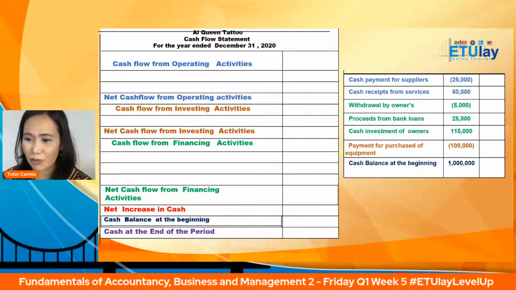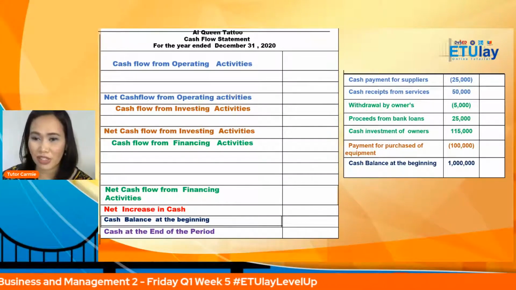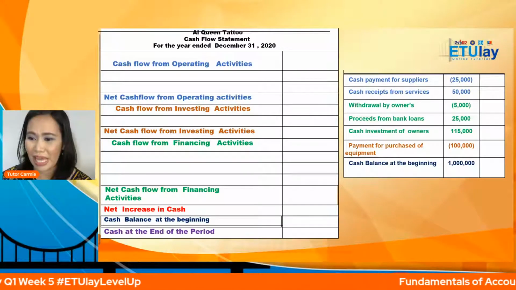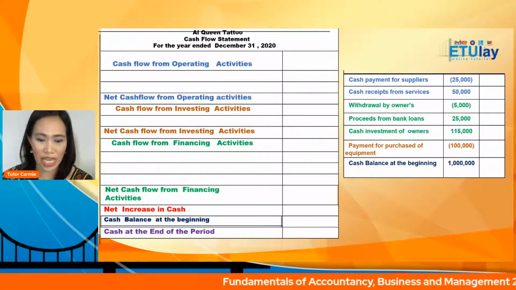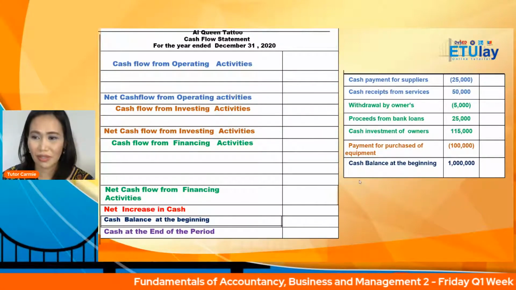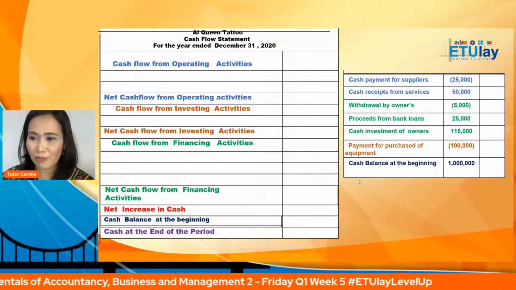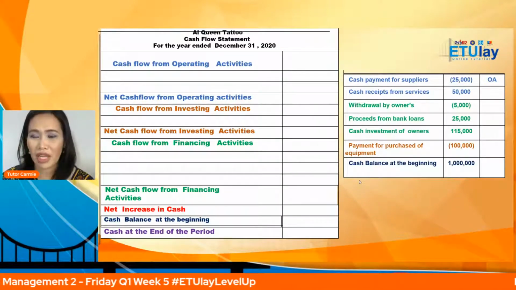Cash payment for supplier, is this an operating activity, investing activity, or financing activity? Sana po pare-parehas tayo ng answer. Let's check. And so, cash payment for supplier is considered as operating activities.